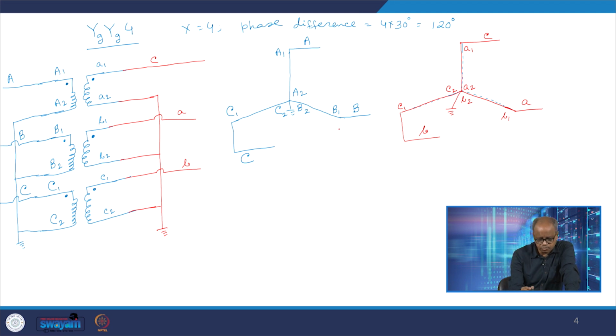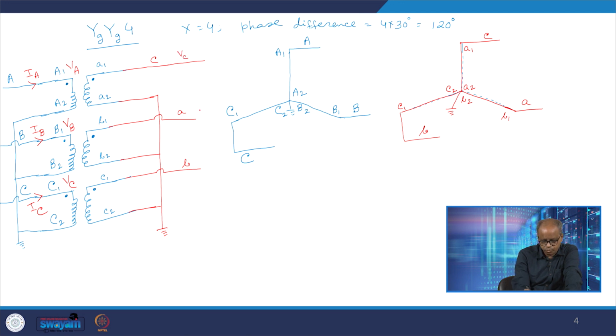So now of course, this current is I capital A, this current would be I capital B, this current would be I capital C. This voltage is of course VA. This voltage is V capital B. This voltage is V capital C, and now this point potential is Vc.